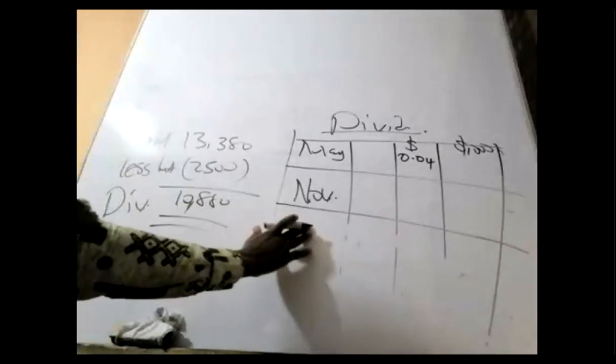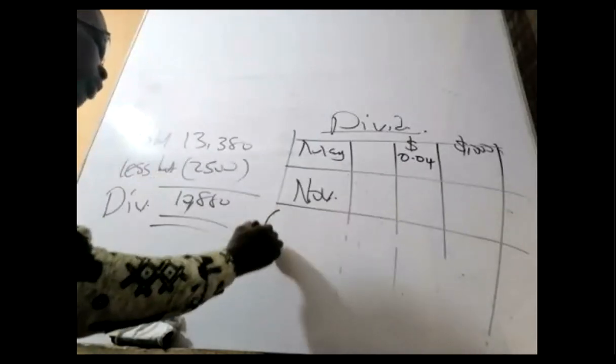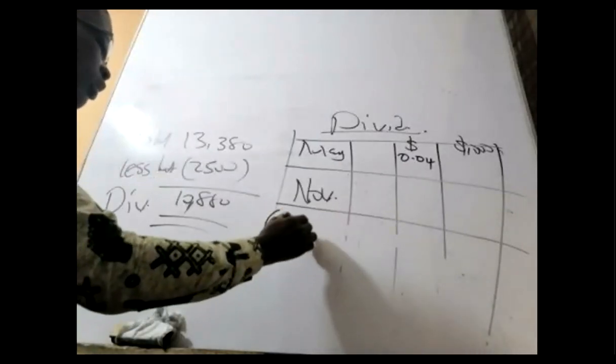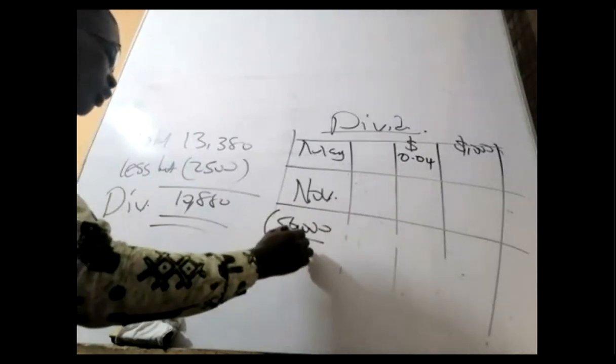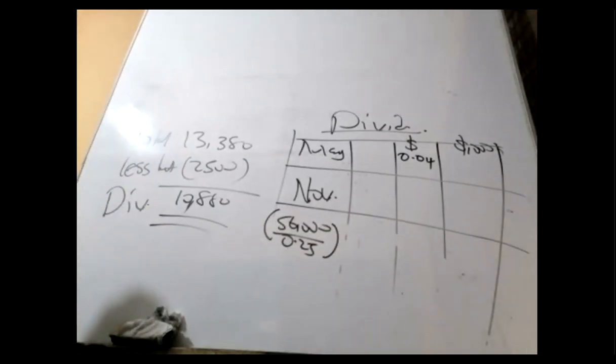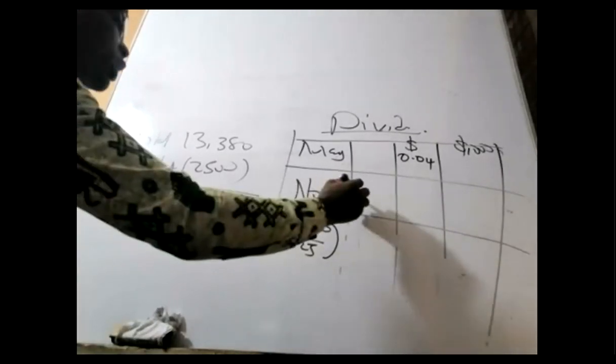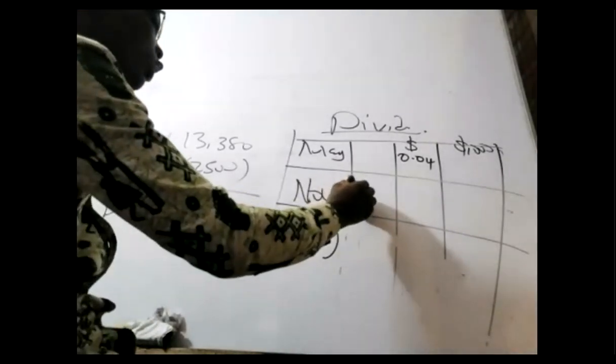The number of shares after the right issue is 56,000 divided by 0.25. That will give us 224,000 shares.